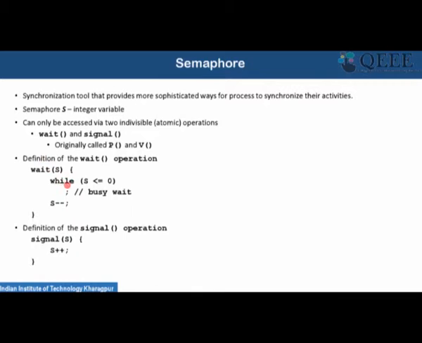Inside the wait operation, it looks into the value of S. If the value of S is less than or equal to 0, it keeps on waiting there. Once the value of S becomes greater than 0, it decrements S and comes out of the wait function.